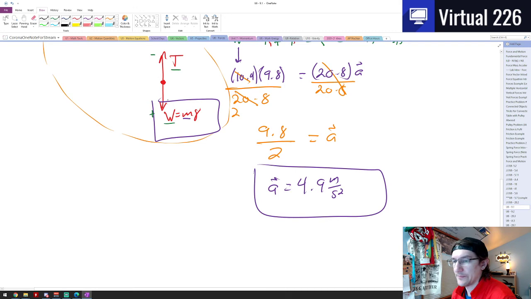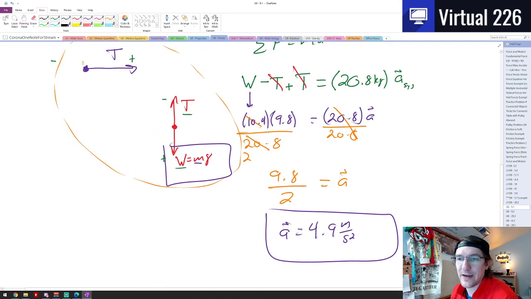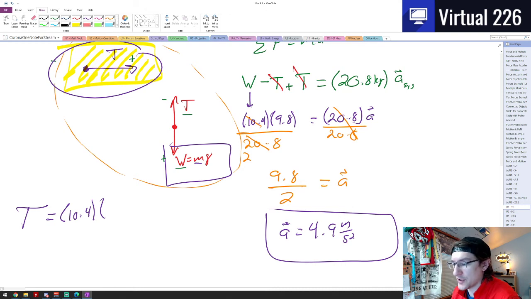So that's part A. For part B, when we need to find the tension, we have a great equation for this. We can use just this F equals ma equation in order to solve that. We can say that the tension equals the mass of this object here, which is only 10.4 kilograms, times the acceleration of that object, which we just found to be 4.9.